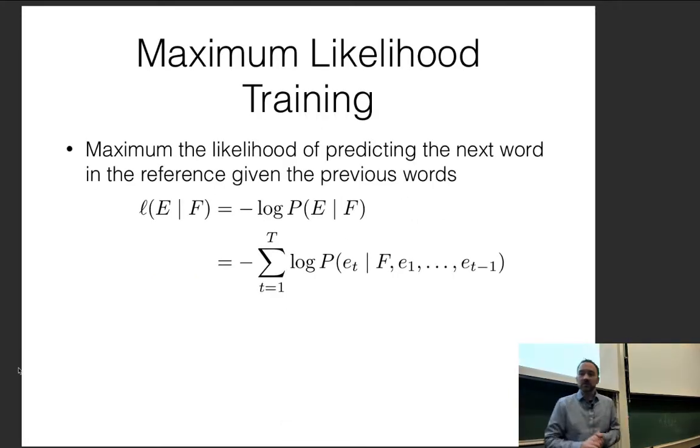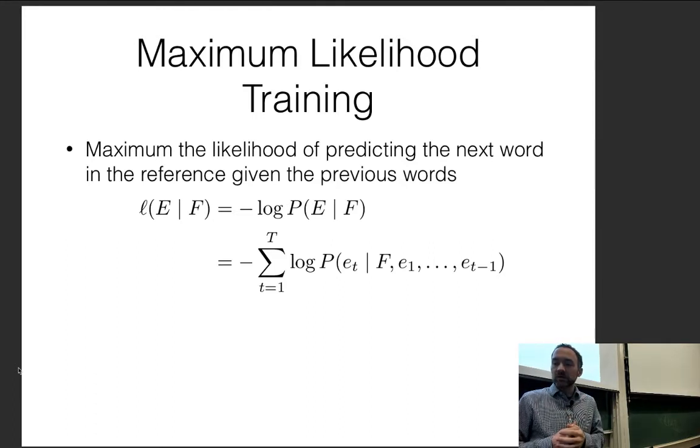Okay, so first I'm going to talk about something that we're very familiar with, which is maximum likelihood training. Maximum likelihood training is predicting the next word in the reference given the previous words, or predicting the next action given the previous actions, if we want to make it in a more general framework.